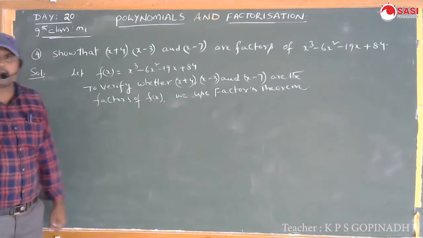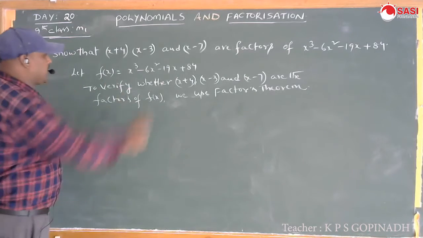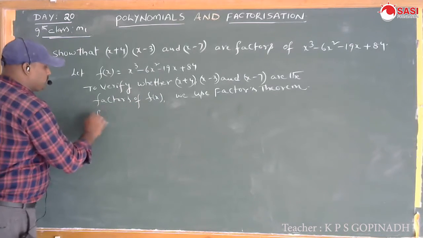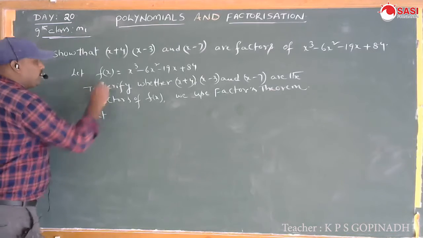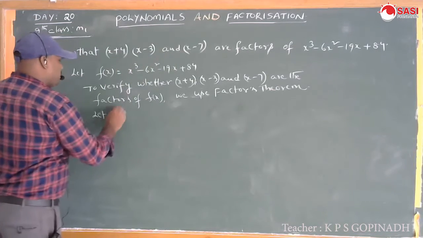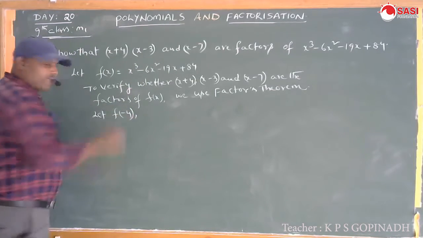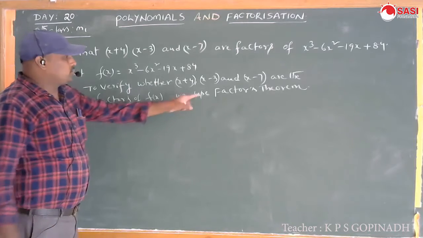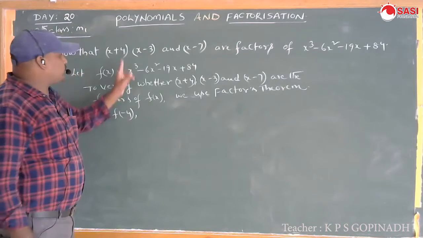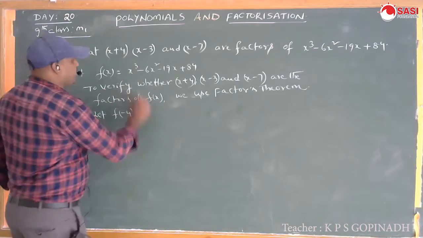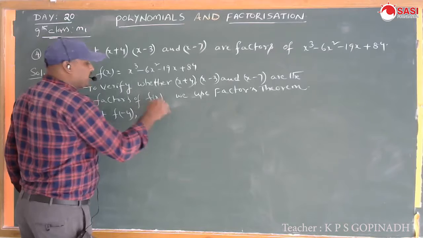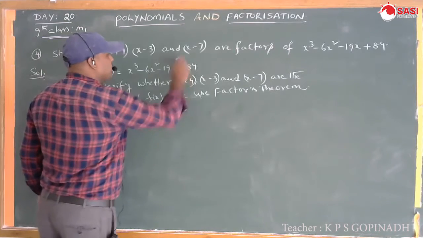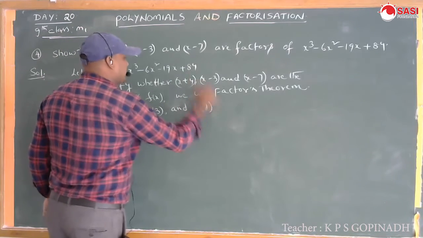What is factors theorem? We use the factors theorem. We have to calculate, let f of minus 4 we have to calculate. F of 3 you have to calculate, and f of 7 you have to calculate.